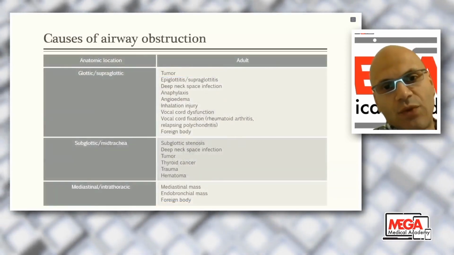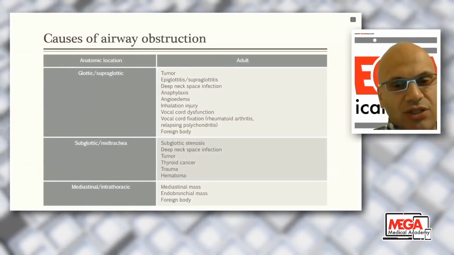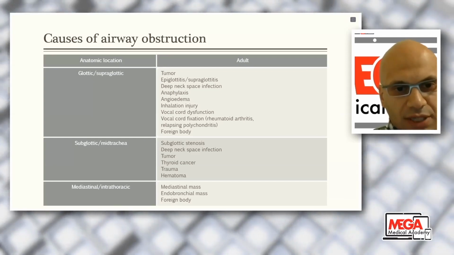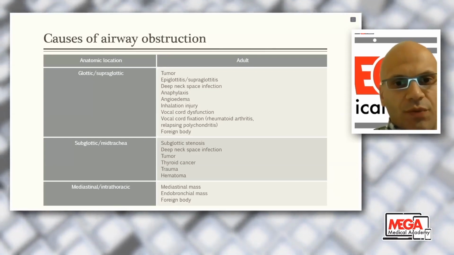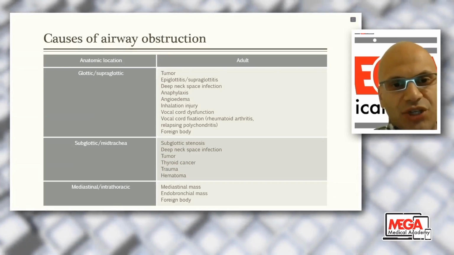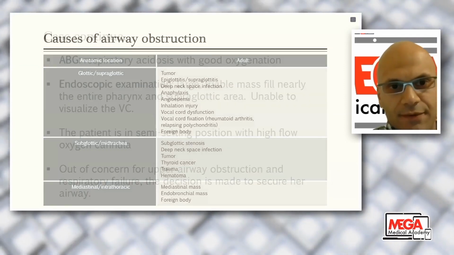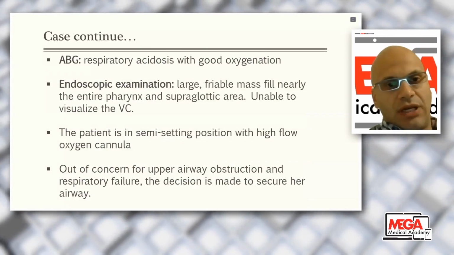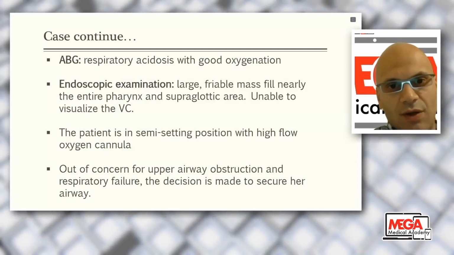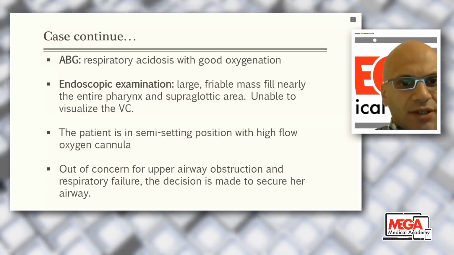The causes of airway obstruction can be classified according to anatomical location: glottic and supraglottic, subglottic, and mediastinal or intrathoracic. Causes include tumors, epiglottitis, deep neck infection, anaphylaxis, angioedema, foreign body, and there are a lot of other reasons. For our case, you decided to do an ABG, which revealed respiratory acidosis with good oxygenation, type 1 respiratory failure.